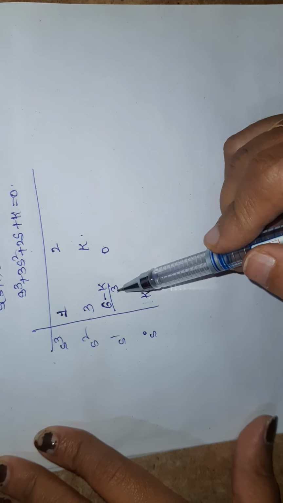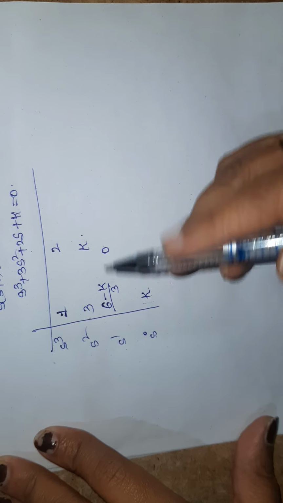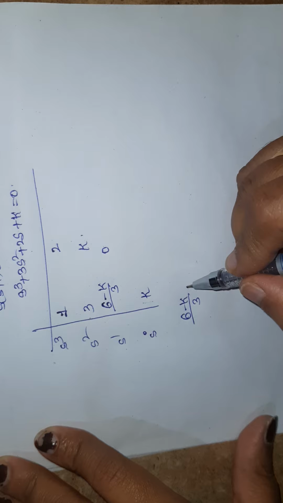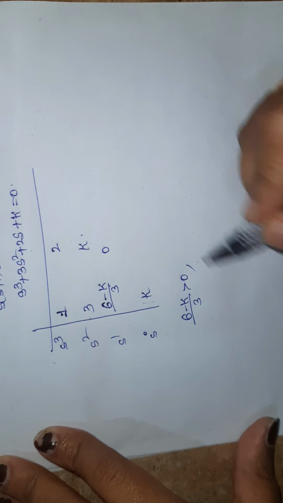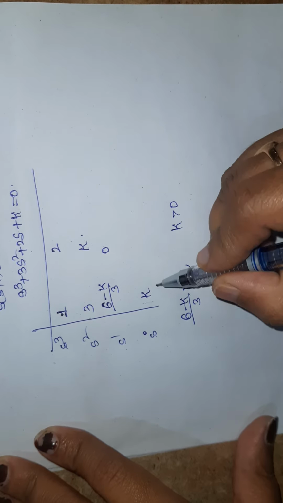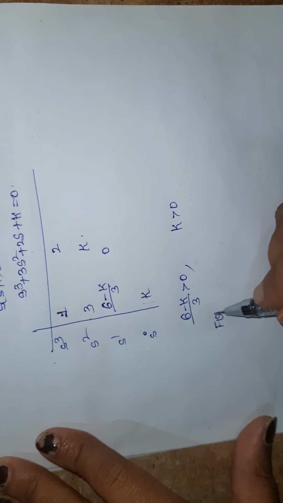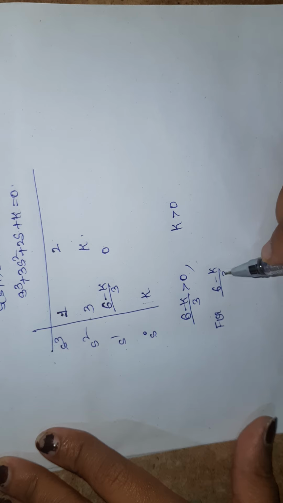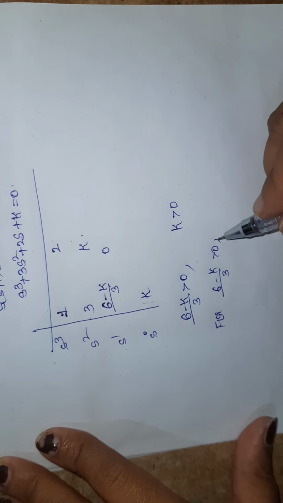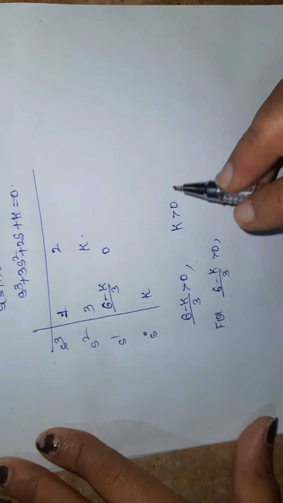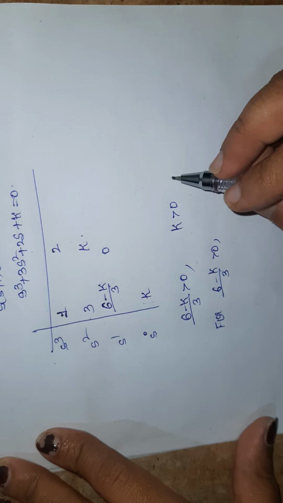Okay, it means (6 − K)/3 should be greater than 0 and K greater than 0. For (6 − K)/3 greater than 0, the value of K should be less than 6.